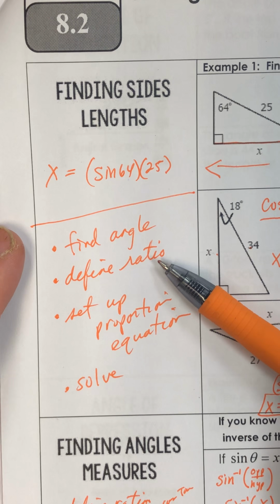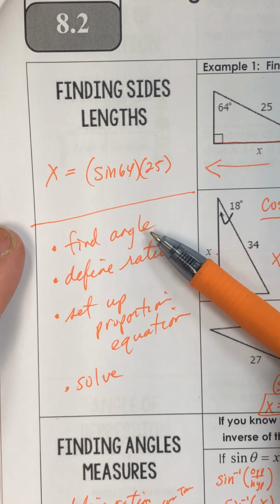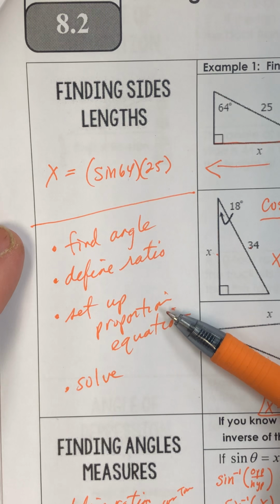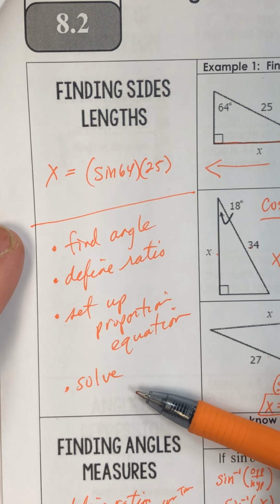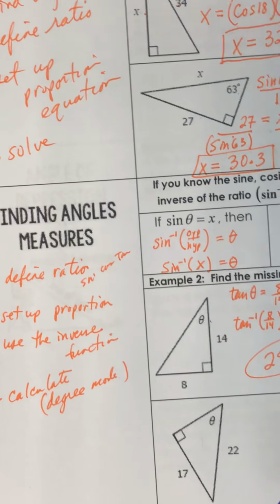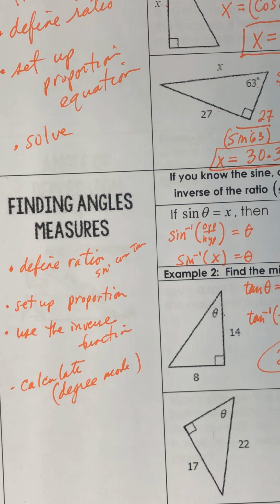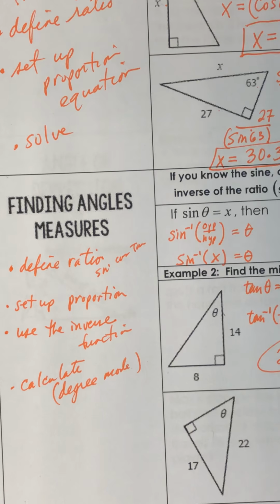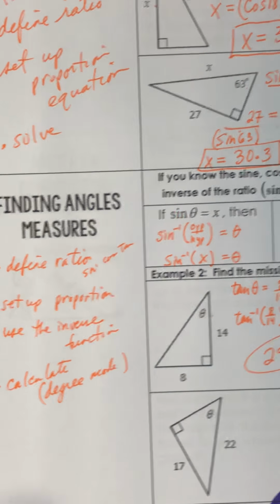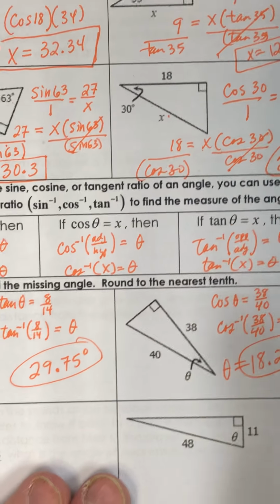We found the angle, found the ratio that started from that angle, sine, cosine, or tangent, then we set up the proportion, and then you solve by cross multiplying. You may cross multiply and be done, or cross multiply and then divide and be done. Those are the steps. You can look at the key, or you can pause and rewind this video however you want to hear this enough so that it sticks for you.